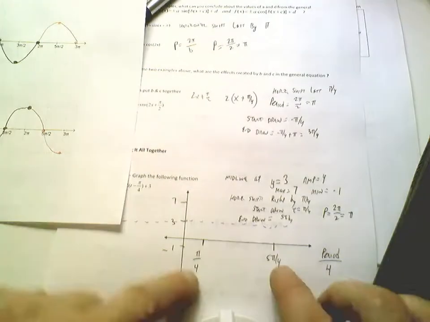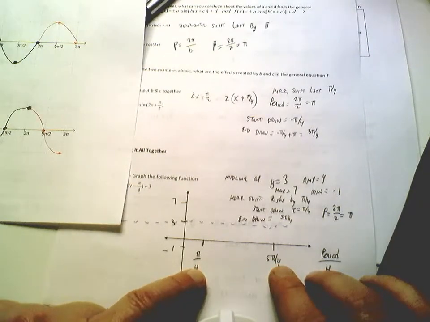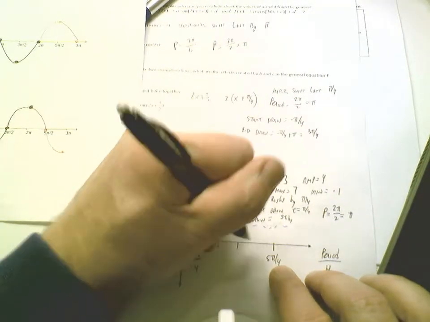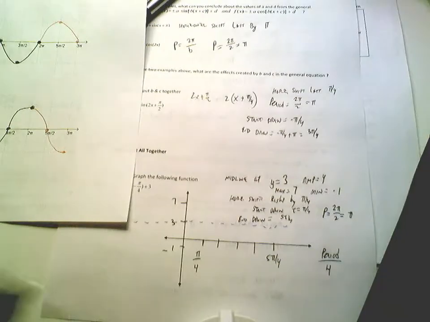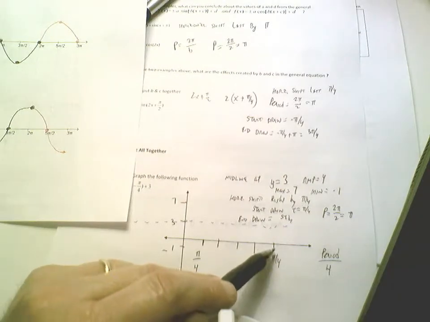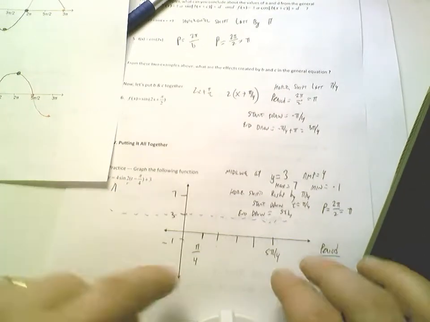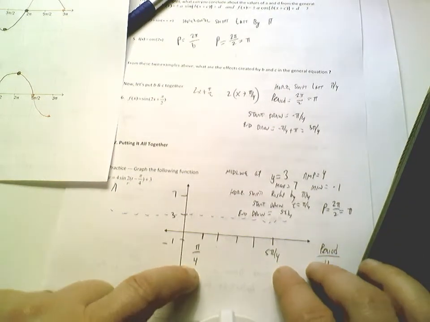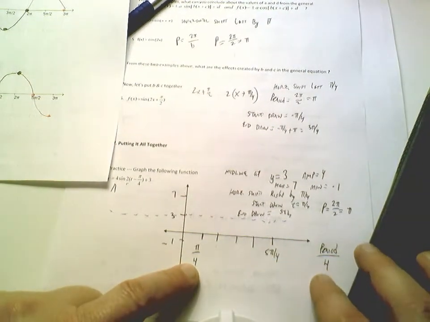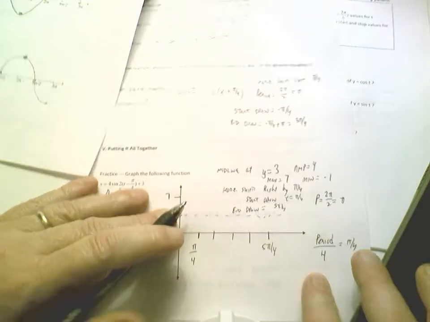I'm going to run for a period, going through 1, 2, 3, there's my 4th ticky mark, and I'm going to finish. These are all symmetrical about each other. They must be separated by, what? 5 pi over 4 minus pi over 4 is pi. So these little ticky marks must be nothing more than pi over 4 apart from each other.